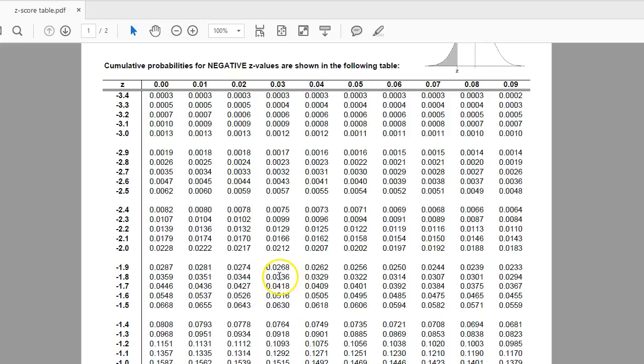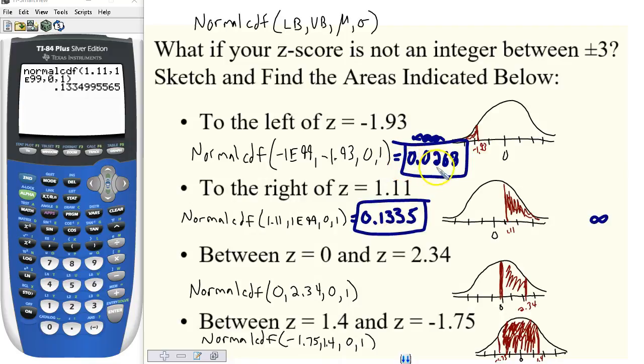So we should get an answer of pretty close to 0.0268 or 2.68%. Let's see if that's what we got, 0.0268. So using the table is pretty easy once you get used to it. You just have to find the first 2 digits on the left side, and then the last digit on the top, and you're good to go.